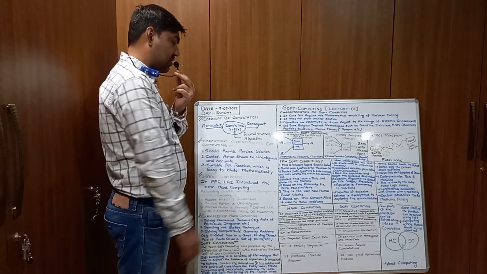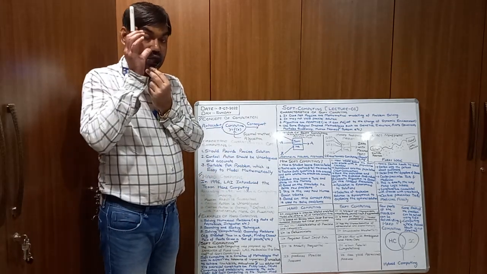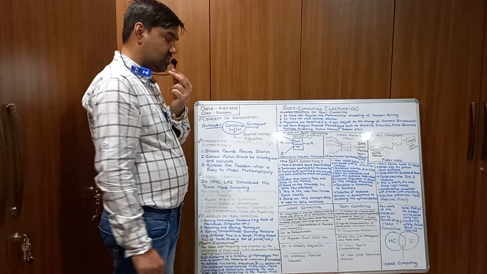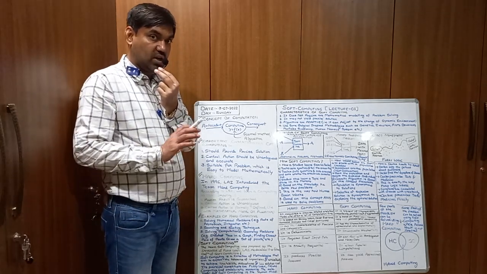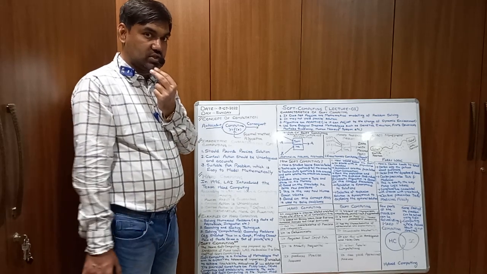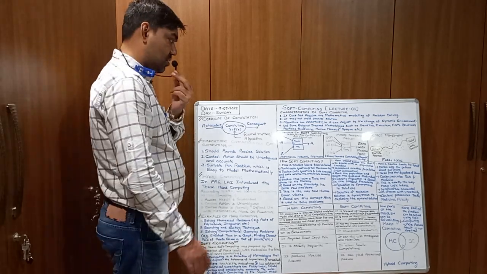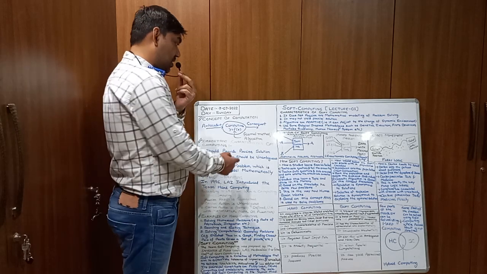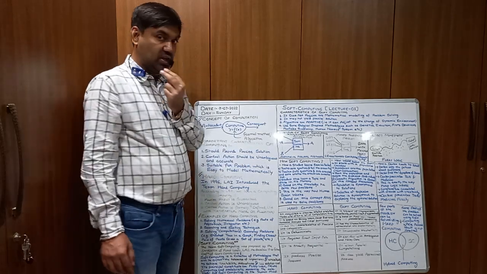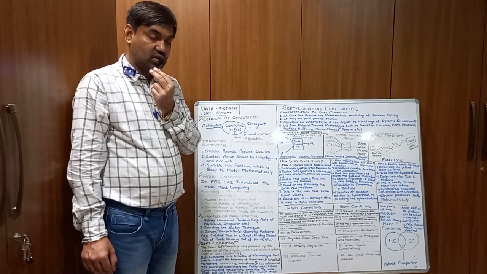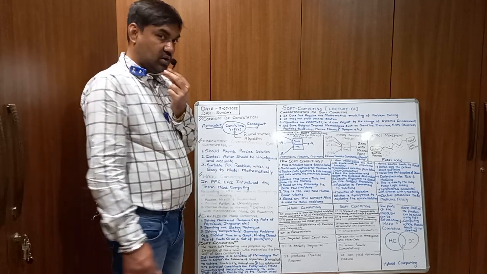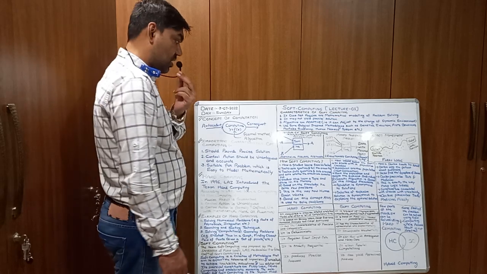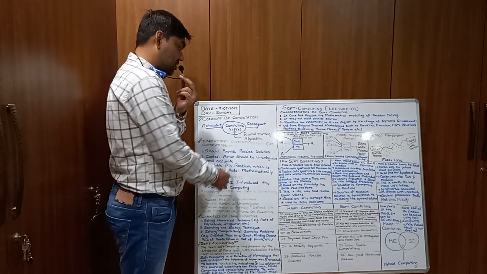Then control action. Control action speaks of the set of steps involved to transform the input given to the system into an output, and it should be unambiguous. It means a single interpretation should be there. Multiple interpretations are not allowed, and it must be accurate.